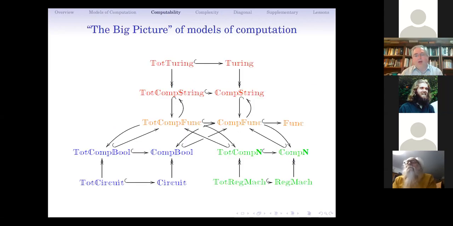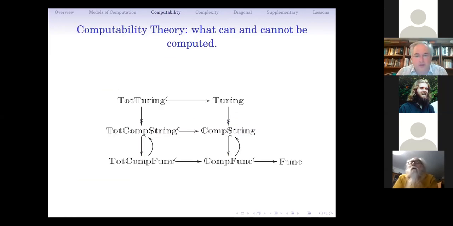Okay, so you now have the big picture, and we are ready to start talking about computability theory. Computability theory asks the following question: what can be computed and what cannot be computed? And so of that big diagram that I had, I'm only going to look at the top spoke of it. There are 3 spokes, and what I'm doing I could do with either of the other 2 spokes, but just for historical reasons, we're going to talk about Turing machines.